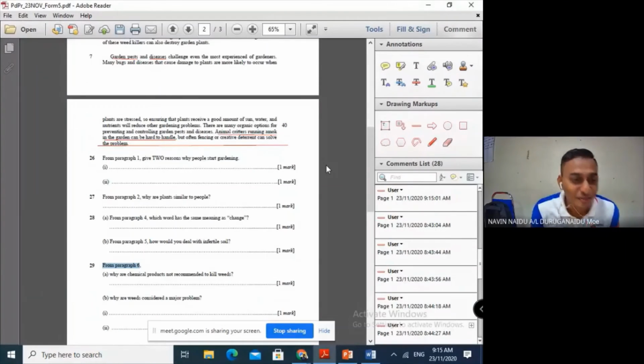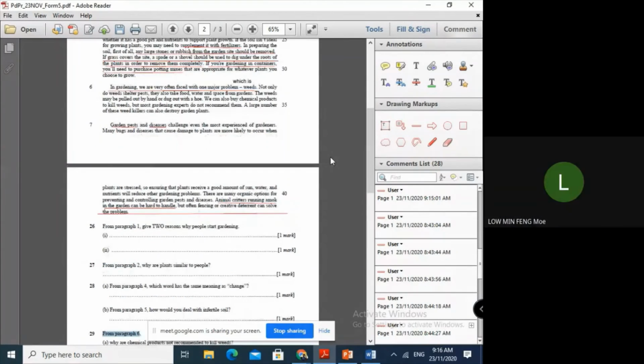From paragraph 6, why are chemical products not recommended to kill weeds?